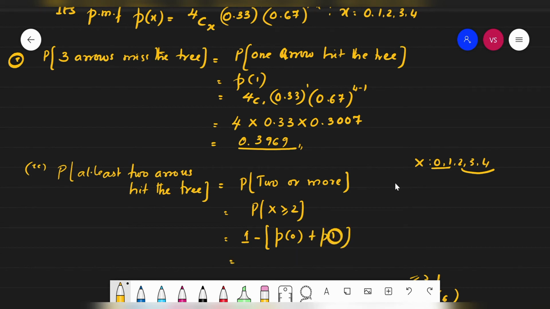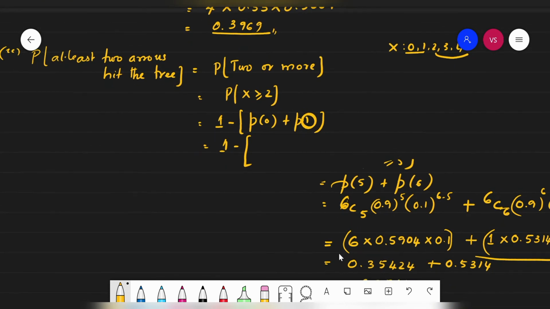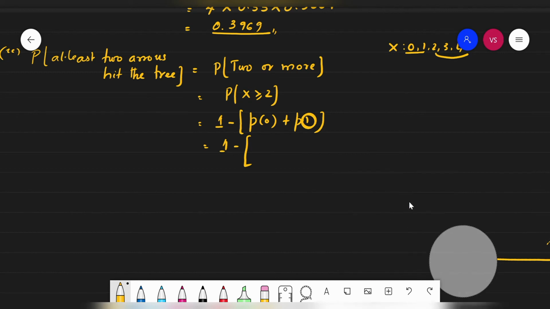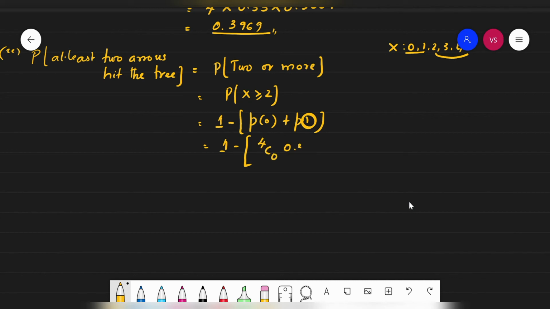So it is 1 minus P of 0. What is this P of 0? P of 0 is 4C0, 0.33 raised to 0, 0.67 raised to 4 minus 0.